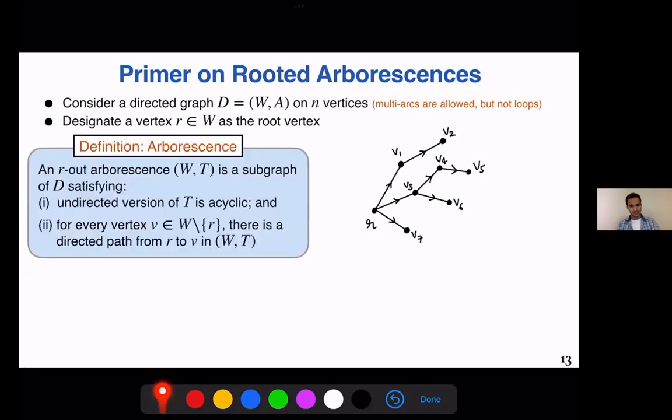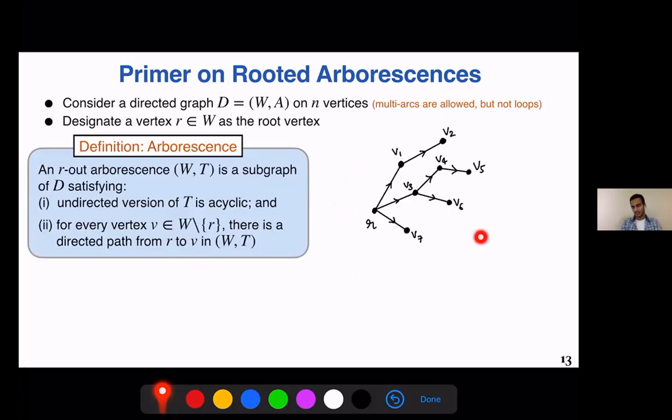Let me define what an arborescence is. A subgraph of D is called an arborescence if it satisfies the following two conditions. One, the undirected version of the arborescence is acyclic. And two, for every vertex in the digraph, there is a directed path from R to that vertex.